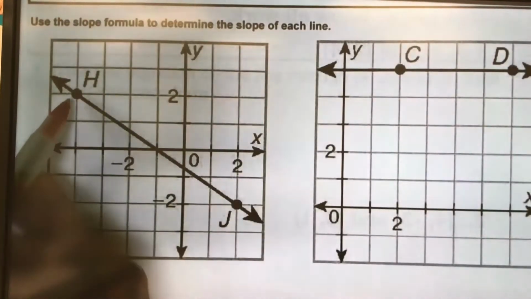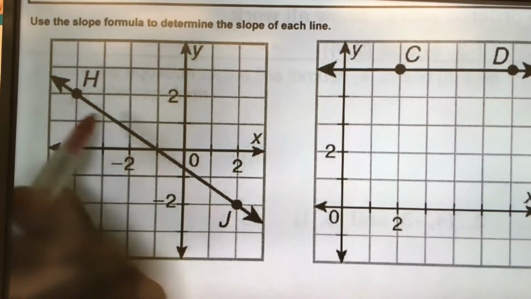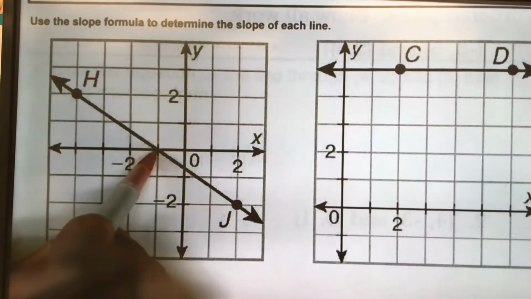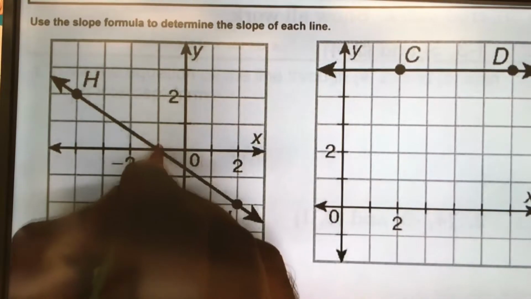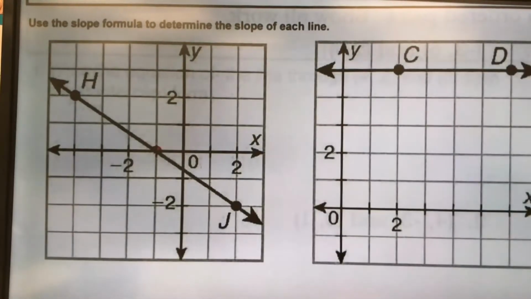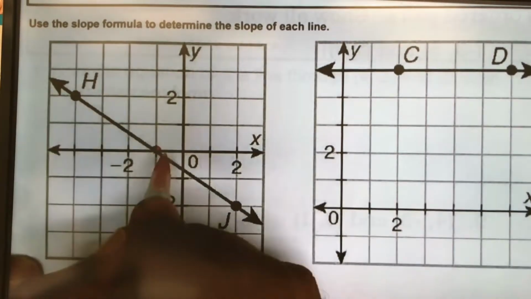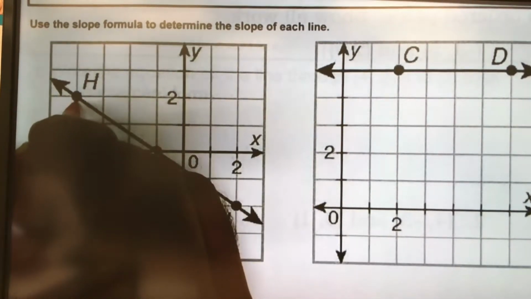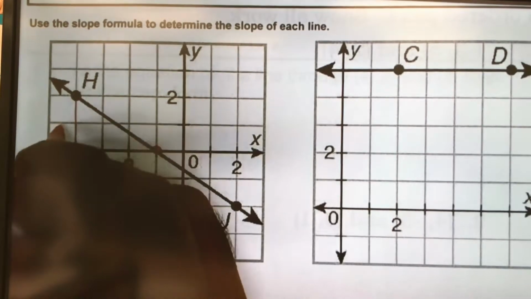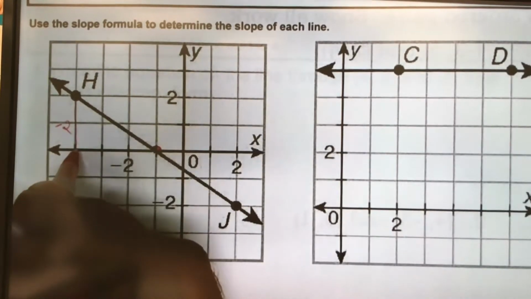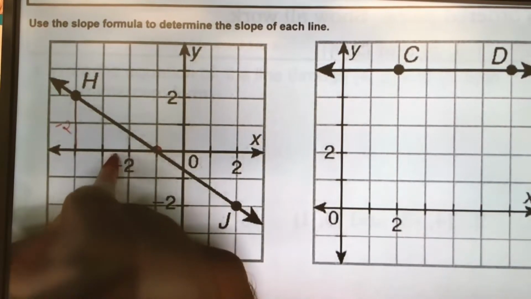When you trace through the graph, the line passes through this grid point, so I have a second point here. Make a right triangle for the rise over run. From 8 to this point, I need to go 2 points down, so -2, and 1, 2, 3 points right.